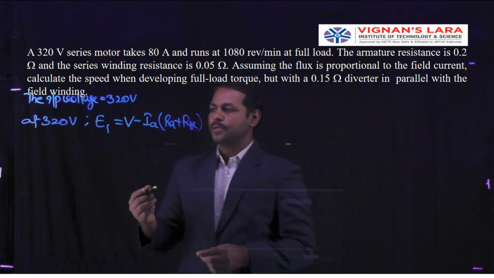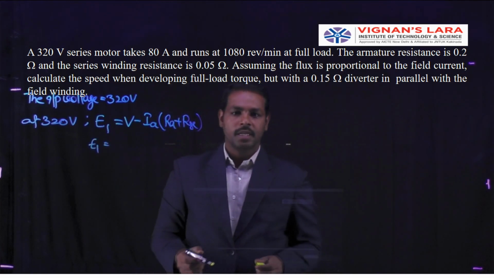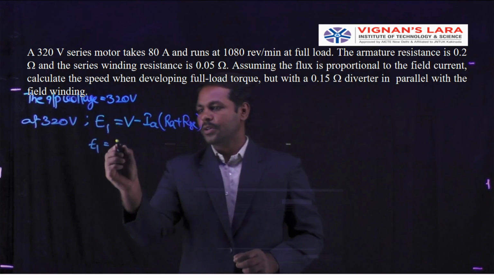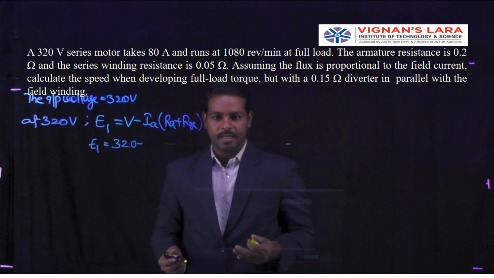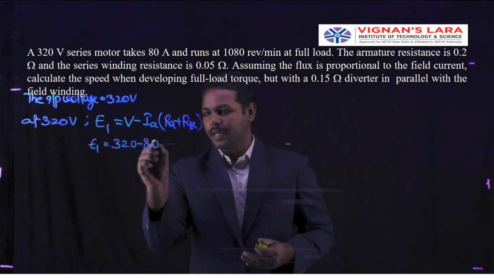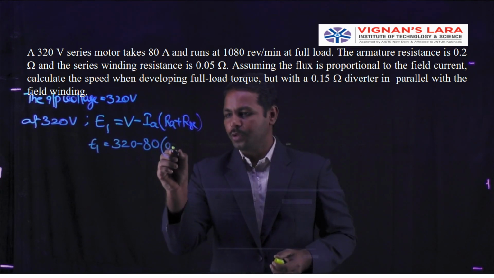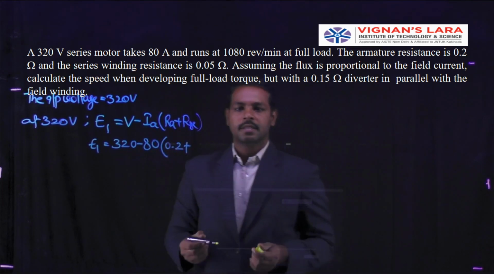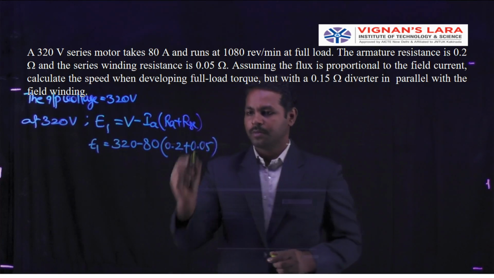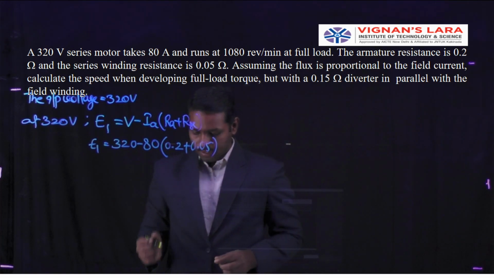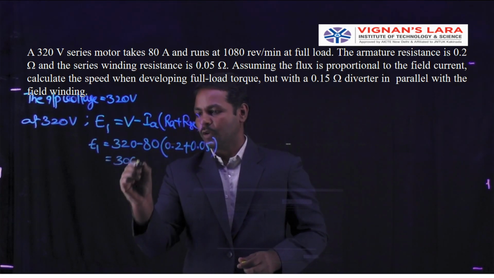In this equation we can substitute all the parameters. E1 is equal to V, which is 320, minus the current drawn from the supply, which is 80 amperes, times the armature resistance 0.2 plus the series field winding resistance 0.05. Simplifying, this is equal to 300 volts.